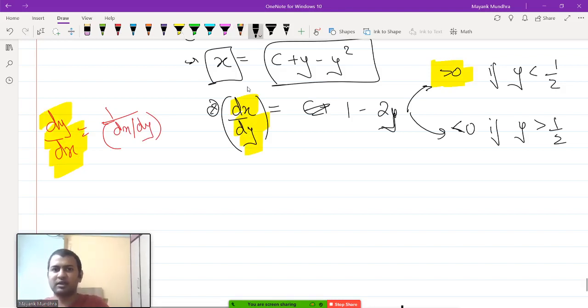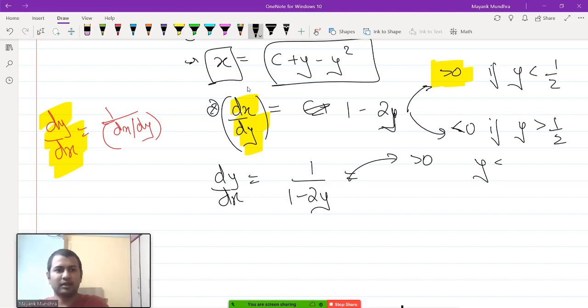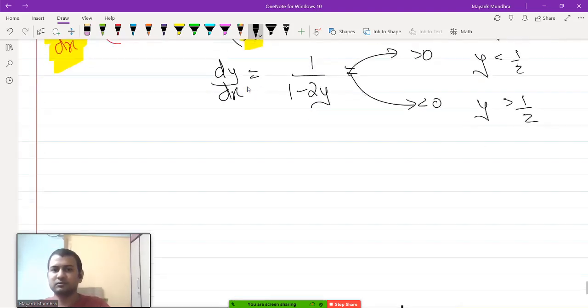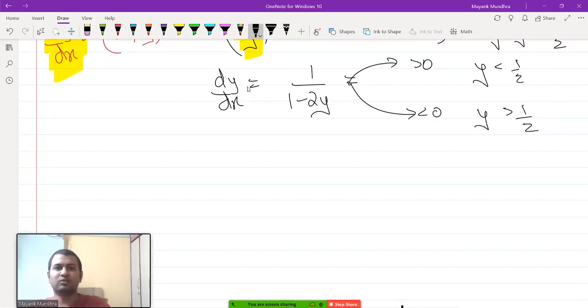So I can say that dy by dx will be equal to 1 upon 1 minus 2y, which will be basically positive for y less than half and negative for y greater than half. Okay. So my dy by dx, my slope is going to be positive for y values less than half, and slope is going to be negative for y values greater than half. So they are not going to be always negatively sloped.